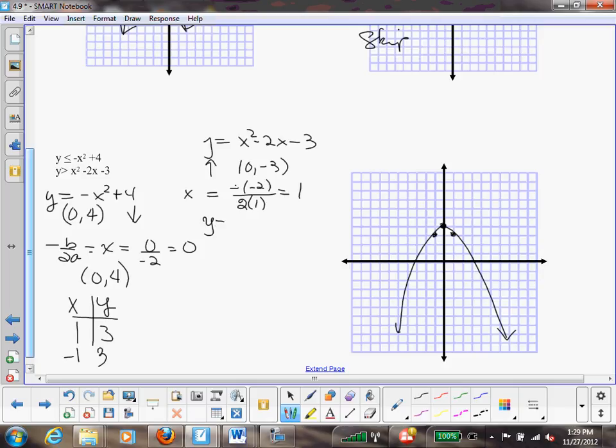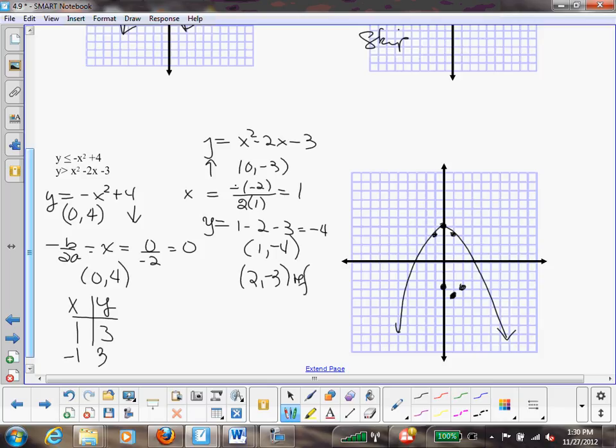And the corresponding y value will be 1 minus 2 minus 3, which is -4. So 1, -4 is my vertex. You following the math? So at 1, -1, 2, 3, 4, in which direction does this point? And 0, -3, and the reflection then is 2, -3, right?